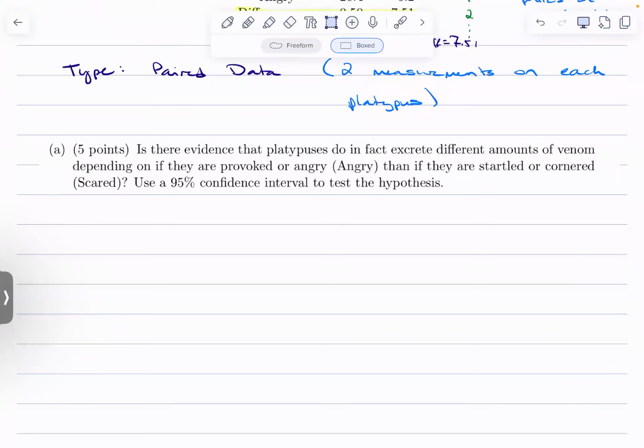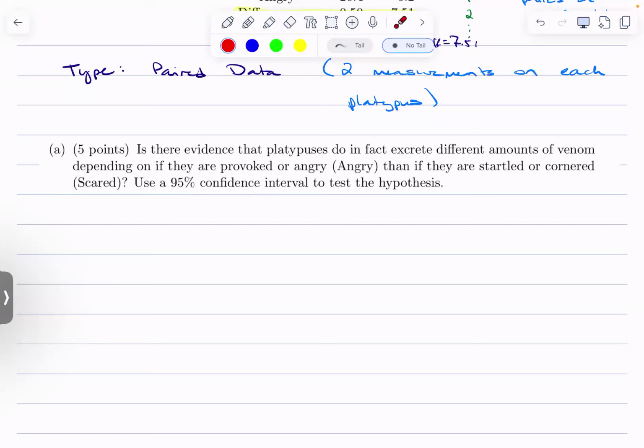Is there evidence that platypuses do in fact excrete different amounts of venom depending on if they're provoked or angry, than if they're startled or cornered, scared. Now, this is where we're kind of leveling up a little bit. We're going to use a 95% confidence interval to test this hypothesis, right? And so we're kind of connecting those two things now, okay? What's nice is when we use a confidence interval to test a hypothesis, it's a little bit less rigorous, okay?